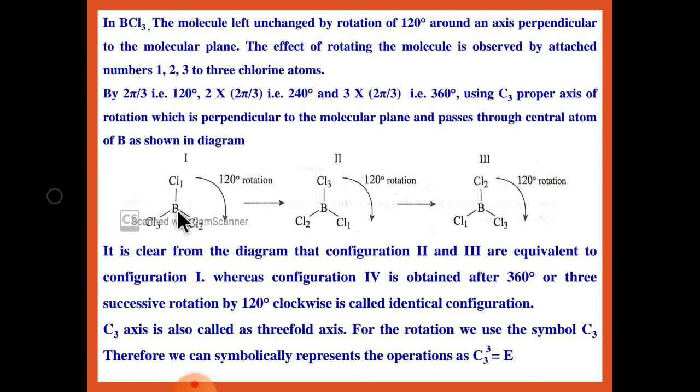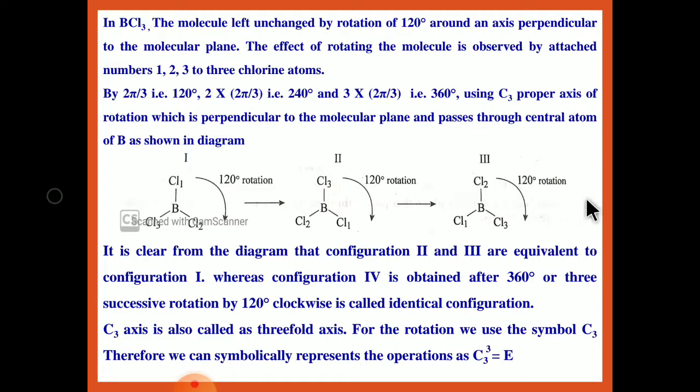So it is clear from the diagram that configurations second and third are equivalent to configuration 1. Whereas configuration 4, obtained after 360 degrees or three successive rotations by 120 degrees clockwise, is called the identical configuration.